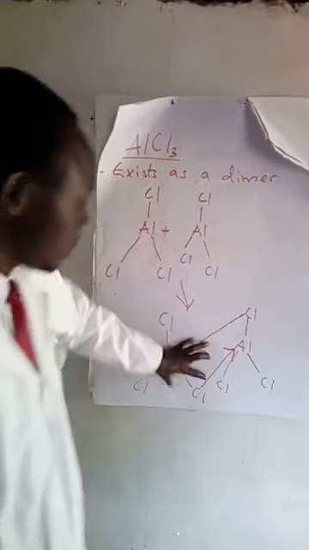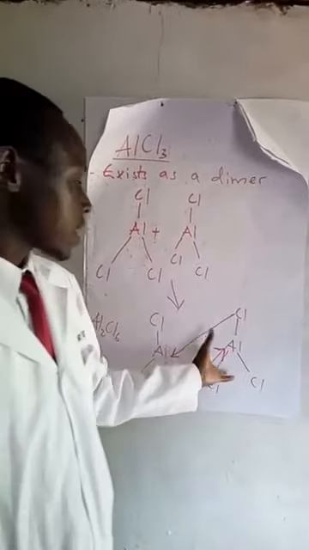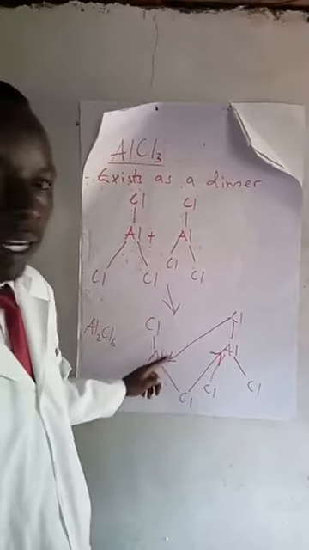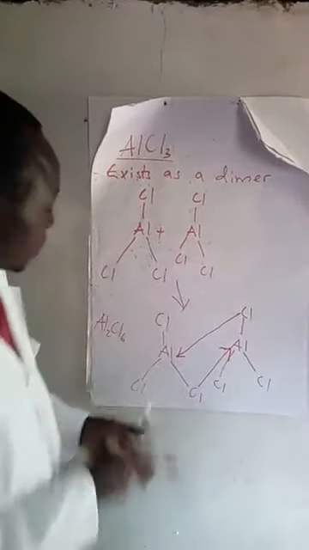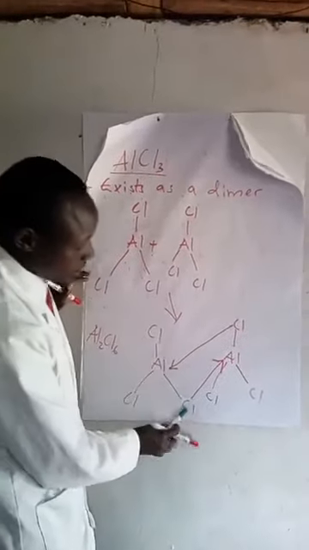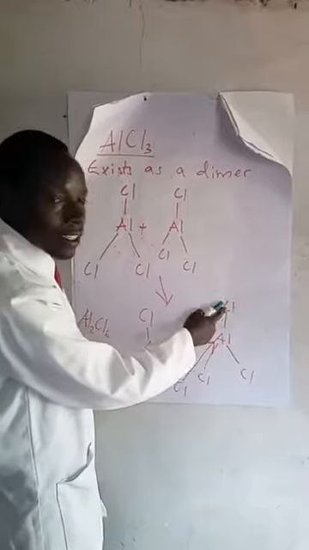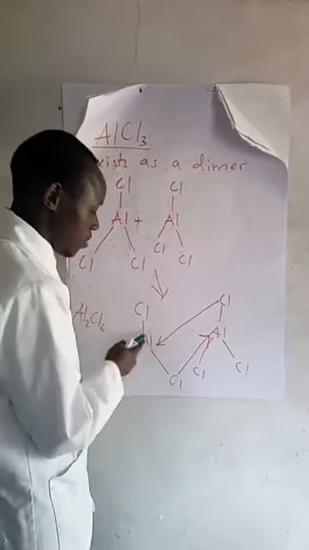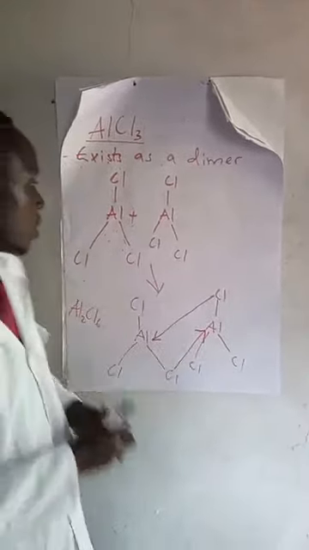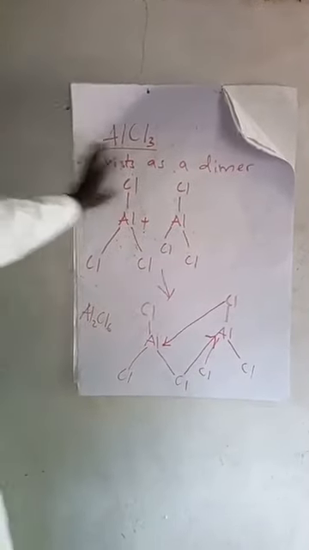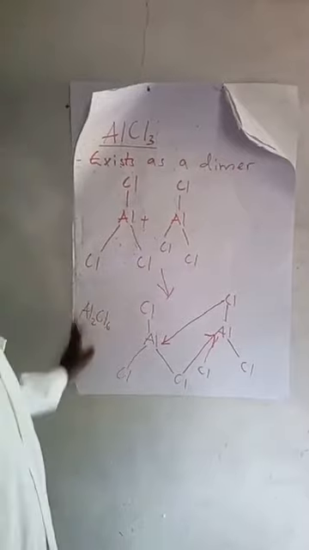Then this one molecule is attracted to the other molecule through a dative covalent bond or coordinate bond, where chlorine shares its pair of electrons with aluminium. So aluminium chloride exists as a dimer. This is what we call a dimer.